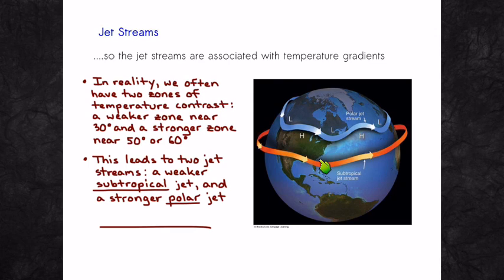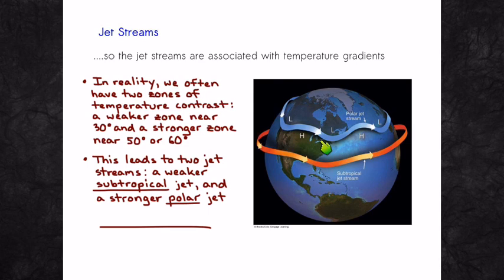It's located higher than the polar jet. In addition, it doesn't extend all the way down to the ground. So the signal associated with this jet isn't something that extends all the way through the troposphere. It's only located up at the top of the troposphere. On top of that, it's weaker because it was a weaker temperature contrast.